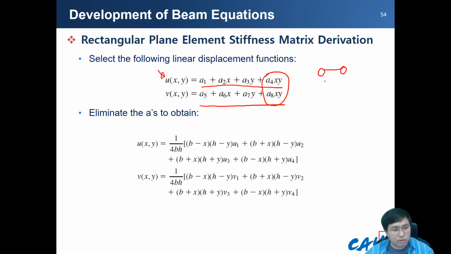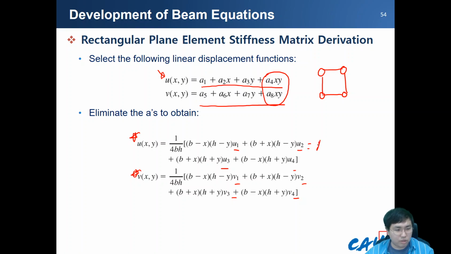Each nodal point position is predefined, so that we can apply our boundary conditions of u1, u2, u3, u4, and v1, v2, v3, v4. We can summarize our displacement field like this.